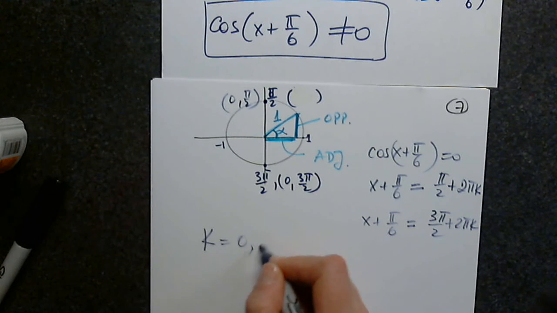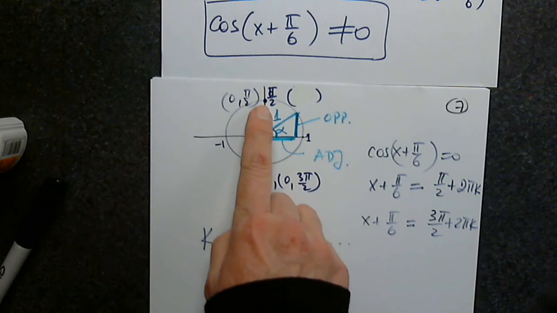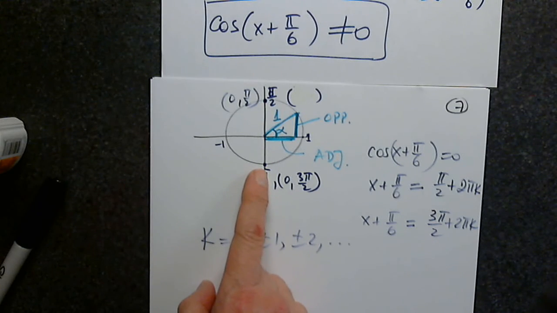K is 0, plus or minus 1, plus or minus 2, and so on and so forth. Also, this point on the unit circle is 0, 1, and this is 0, -1.